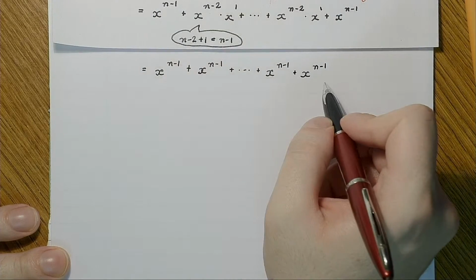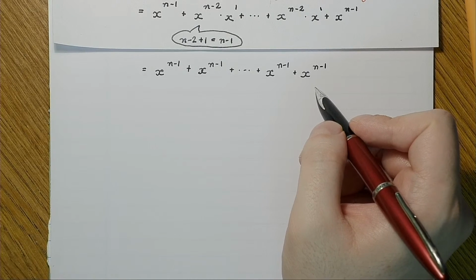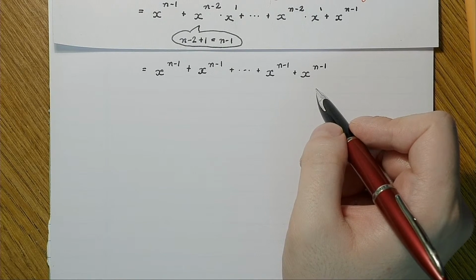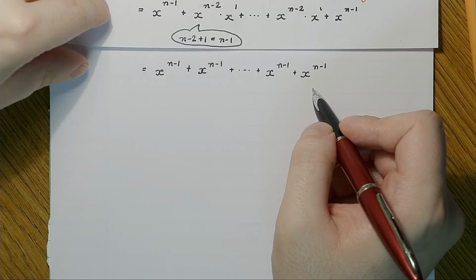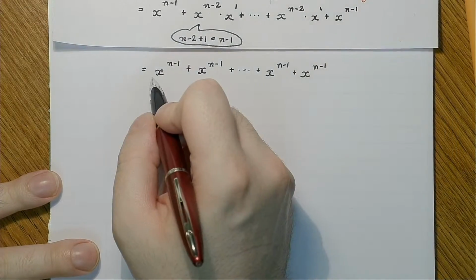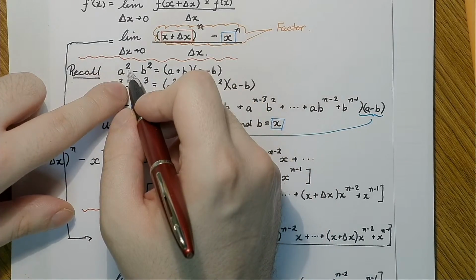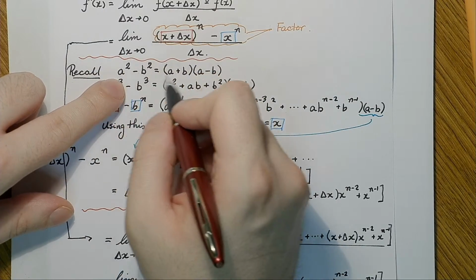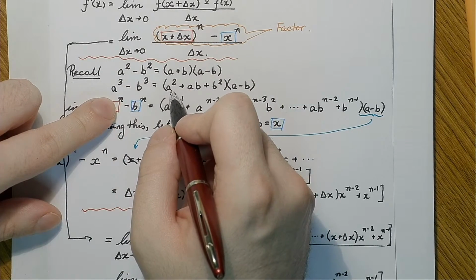Okay, so we have all these, and how many of these do we have? Well, in fact, we'll have n of them. If you notice, when we were doing the difference of squares, we had 2 terms. When we had a difference of cubes, it was 3 terms.